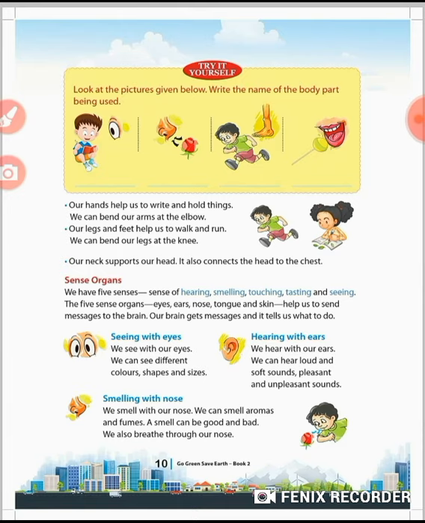Children, we all know that our feet and legs help us to do many things like walk, run, dance, and jump. Let's read next line. Our neck supports our head. It also connects the head to the chest.